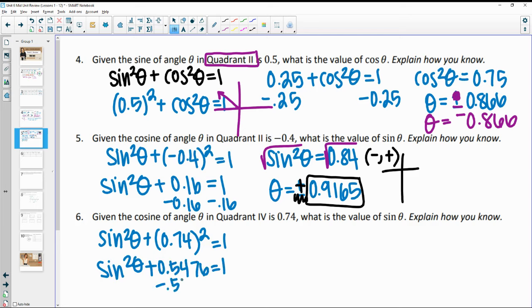So we'll subtract that from both sides. And we get that sine squared of theta is equal to 0.4524. And then we'll be able to square root that.